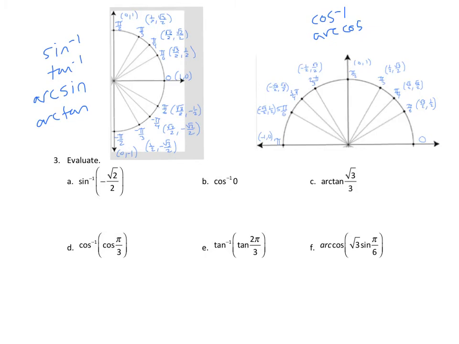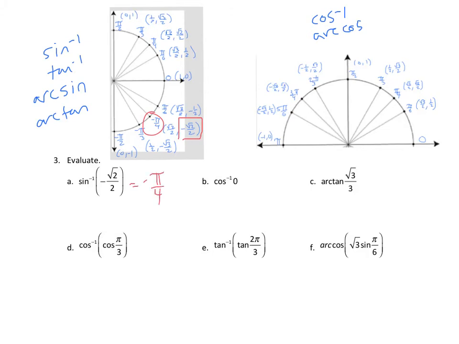So for sine inverse of negative radical 2 over 2, I want to find the part of the unit circle, between negative pi over 2 and pi over 2, where we have a sine value of negative radical 2 over 2, and that happens right here at negative pi over 4. And that is the only place that it happens.